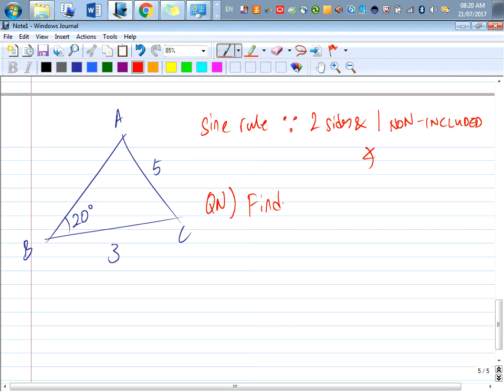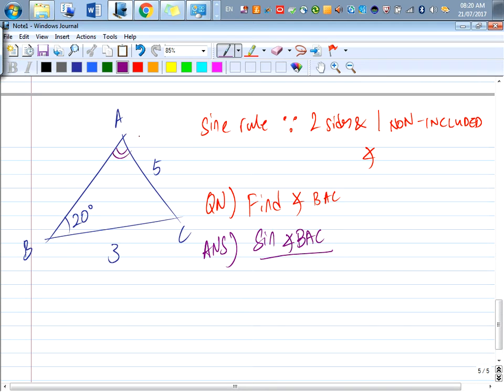They will either ask you to find the length or the angle first. So maybe they ask you to find angle BAC. So if this is the question, how are we going to form our equation? So my answer will be sine angle BAC over, where is BAC?